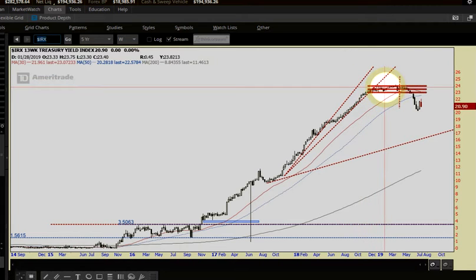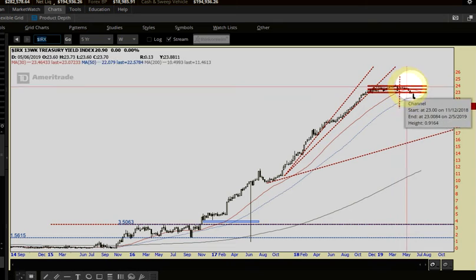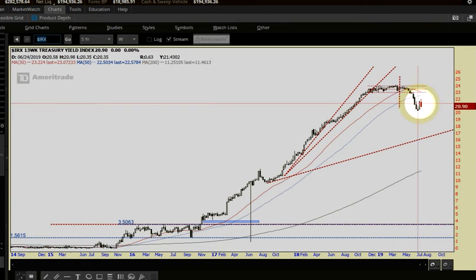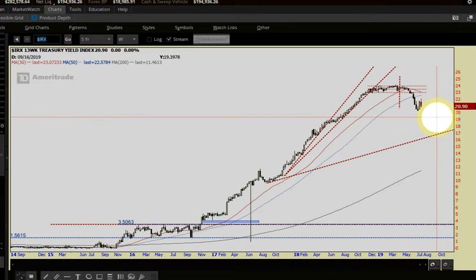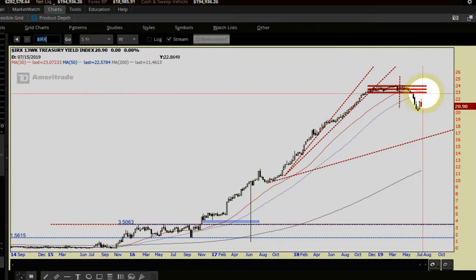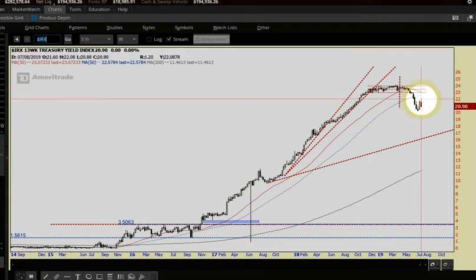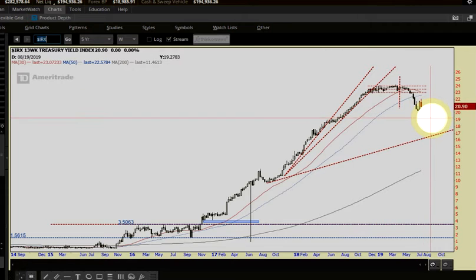This is where the Fed might end up screwing up. These rates might pull back a little bit again and then take off from there. So look for that to happen. And then they may lower rates as this pulls back, thinking that rates are lower.